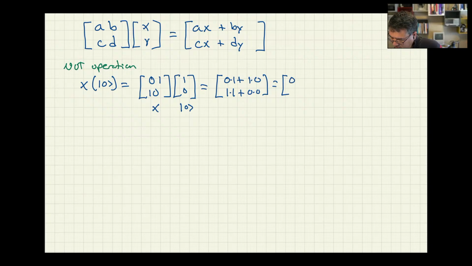And this gives us 0 plus 0 and 1 plus 0, which is 0, 1. And that is exactly what we wanted. So we took the x operation, applied it to the 0 qubit, and we got the 1 qubit out.